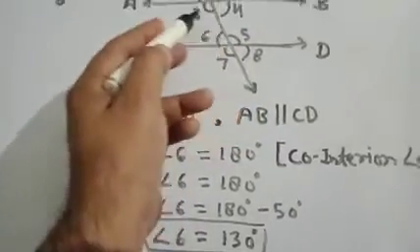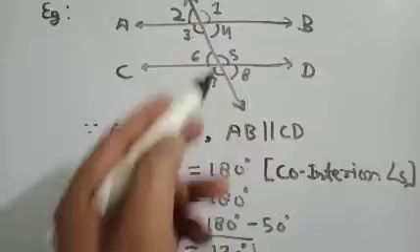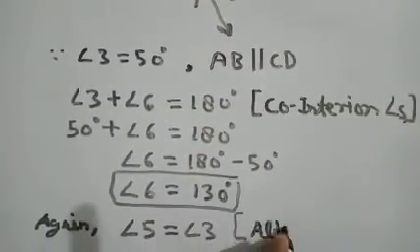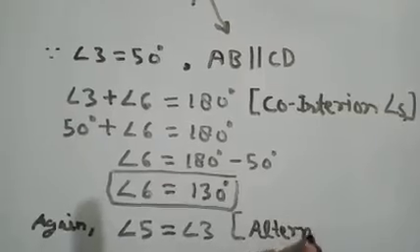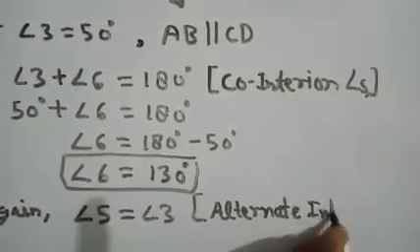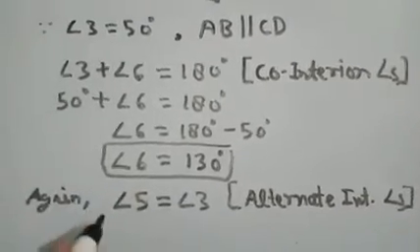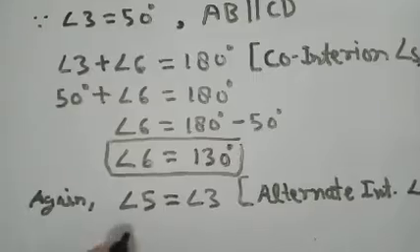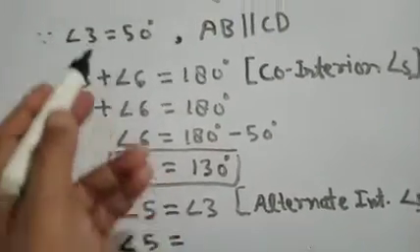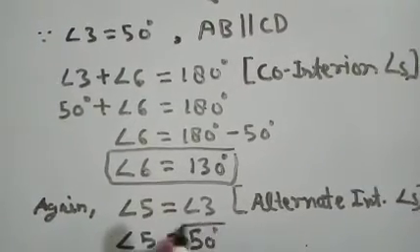They are on alternate, opposite sides of the transversal, one on top, one on bottom, and these are called alternate interior angles. Alternate interior angles are equal in value, then angle 5 is equal to the value of angle 3, which is 50 degree, so angle 5 is also 50 degree.